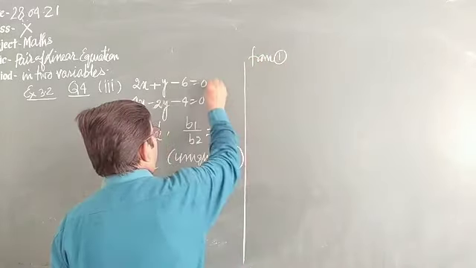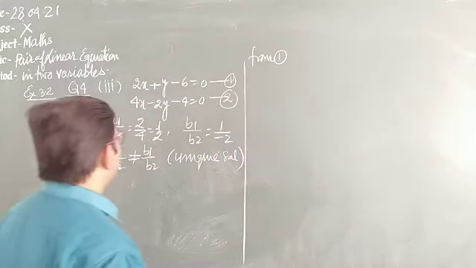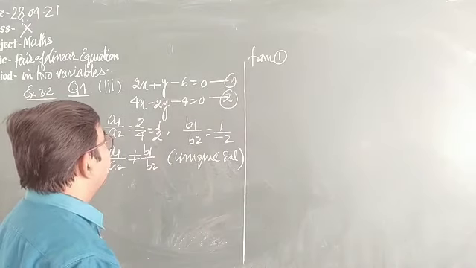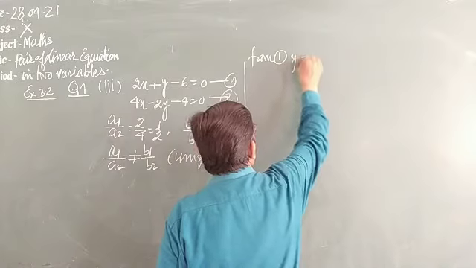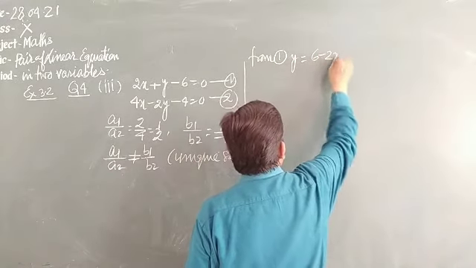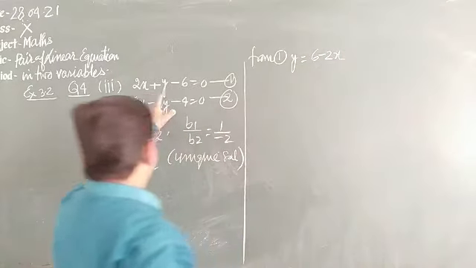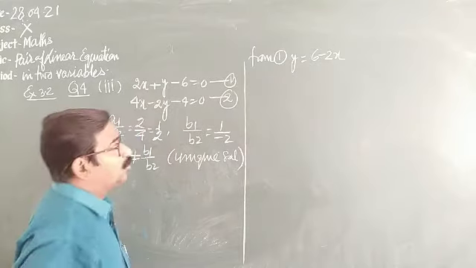See, from equation 1, find the value of one of the variables. Just I am going to find y is equal to 6 minus 2x. See, 6 is going to the right side, becomes positive, minus 2x.